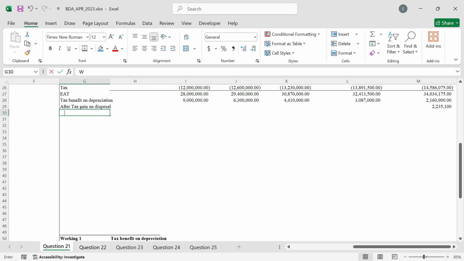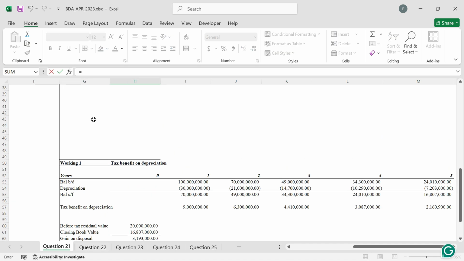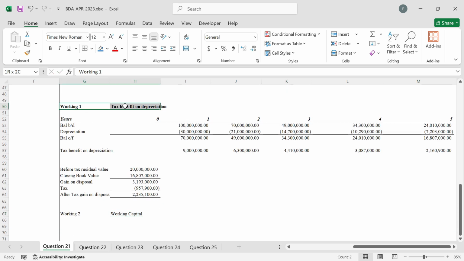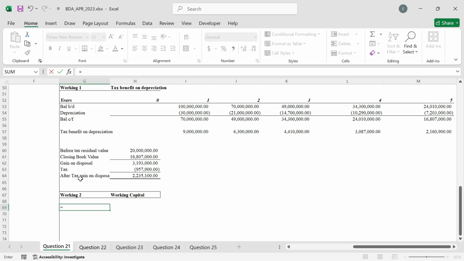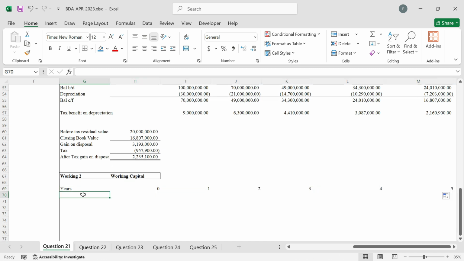Then finally, I have my working capital. So we'll have working 2 in working capital. Again, I need my years. I need my working capital need and the working capital cash flow.